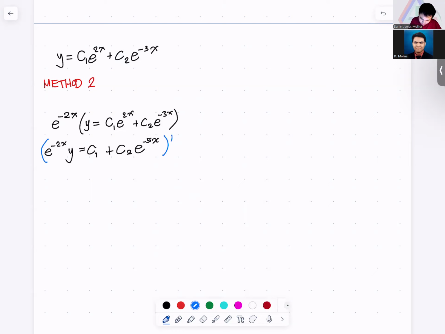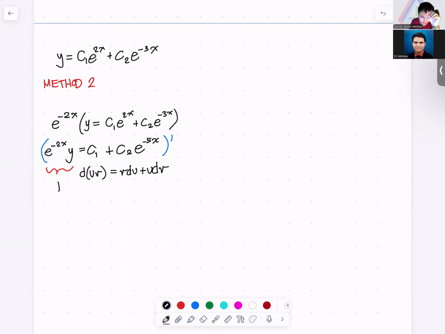So differentiate. How do we differentiate this term? We have two expressions that are multiplied. This is a product of two expressions, y and e raised to negative 2x. So when you differentiate, you should use the product rule. When you use the product rule, that's d(uv) equal to v du plus u dv.